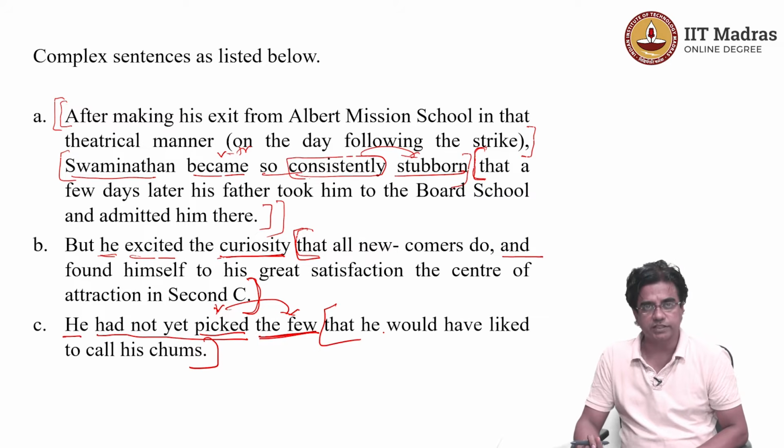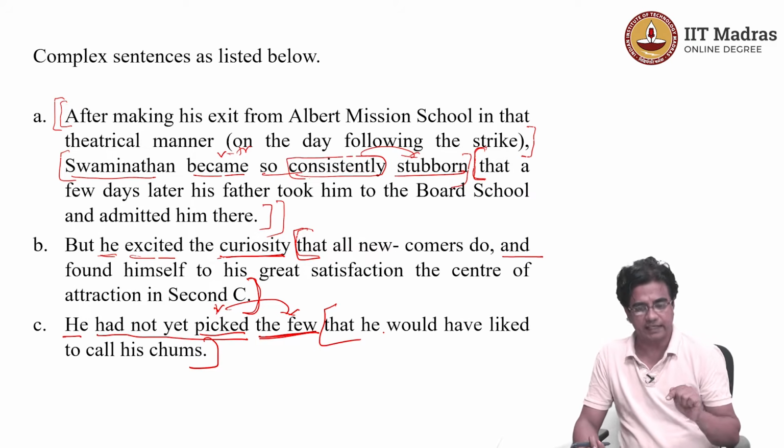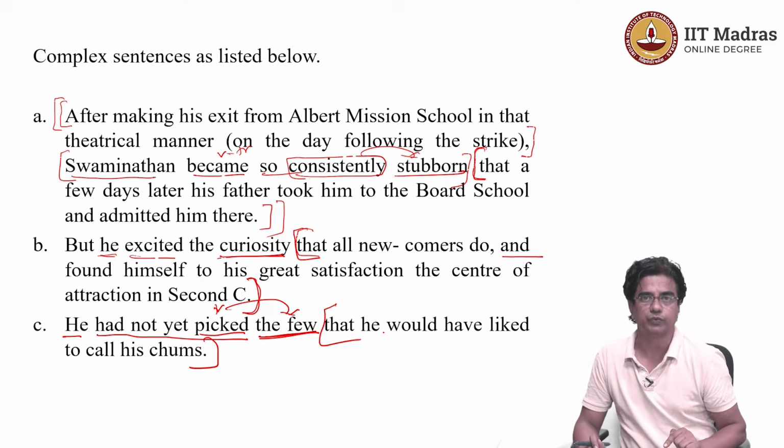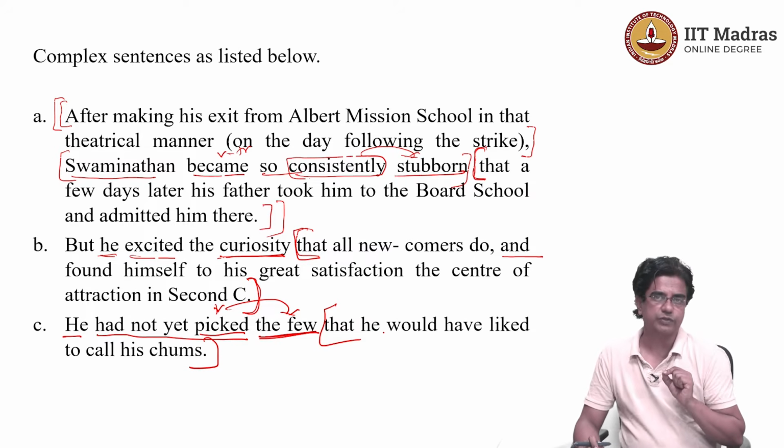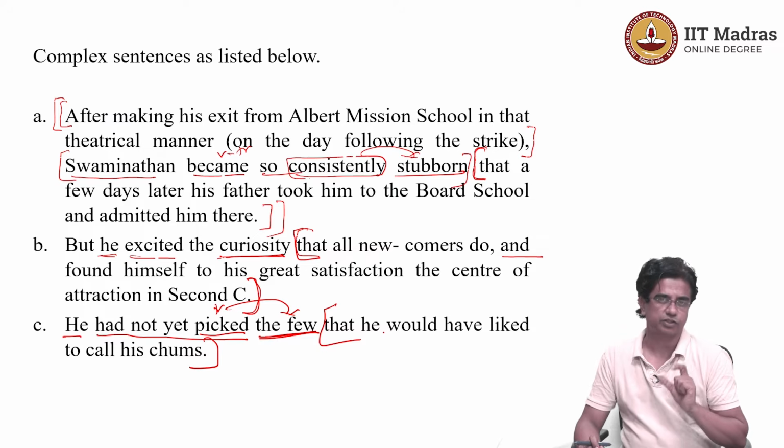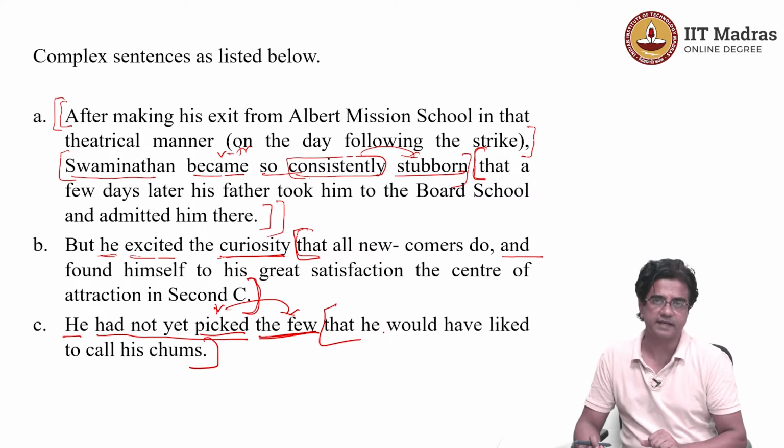Once you look at these things in the manner I am trying to do, you can also take a text, a short paragraph from a newspaper or any kind of paragraph from anywhere, a random sample, and you will find these kinds of clauses and sentences in that piece of writing.